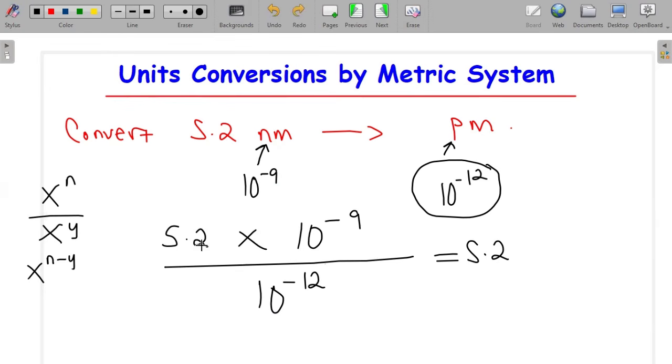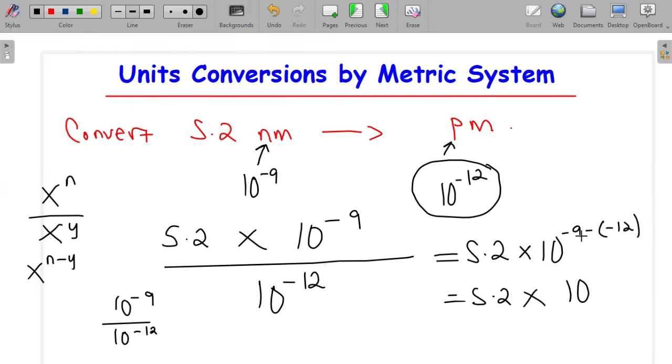So that's what I'm going to do here on these two. I'll leave the 5.2 alone, and this one here is the same as 10 to the power minus 9 over 10 to the power minus 12. So that will be times 10 to the power minus 9, minus the power which was down there, which is minus 12. So this will be 5.2 multiplied by 10 to the power minus 9 plus 12, which is 3, and these ones here will just be picometers.